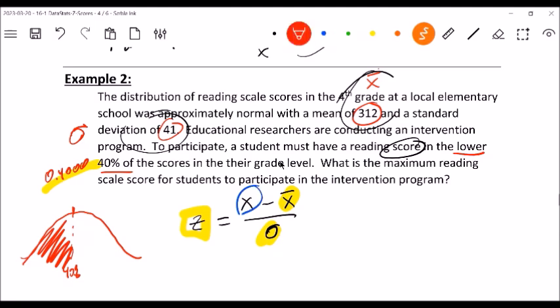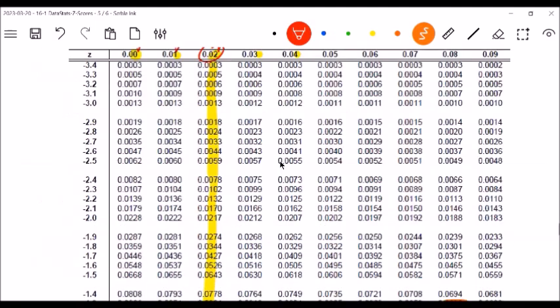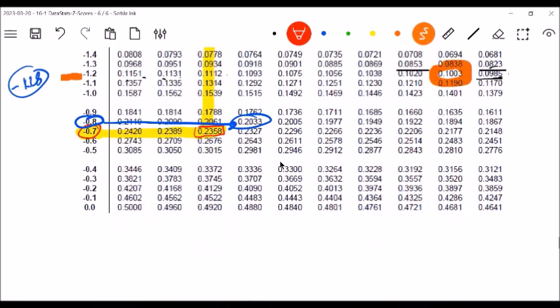So let's go looking for 0.4000. Here's some 4s, and 4.2, 4.1. So the lowest 4 seems to be the one closest. So we have 0.3974 and 0.4013. This one is 0.0013 away from 40%. This one would be 0.0026 away.